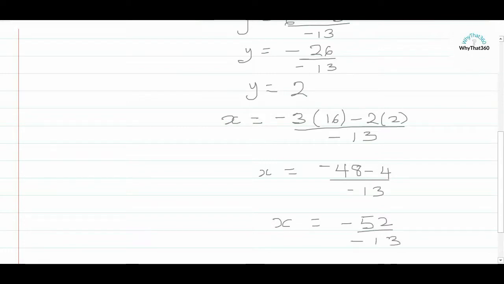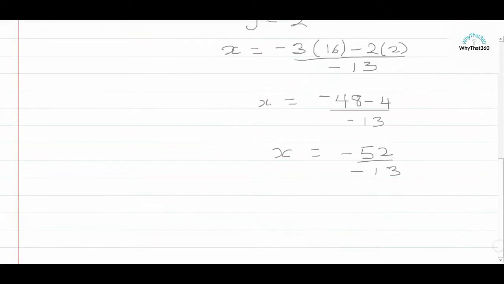And here too we have two negatives, so we are going to get a positive answer.